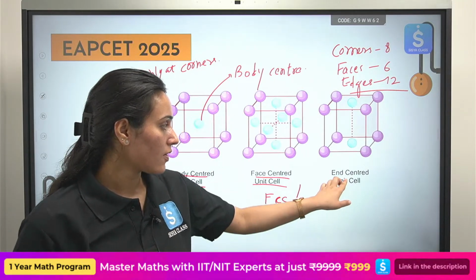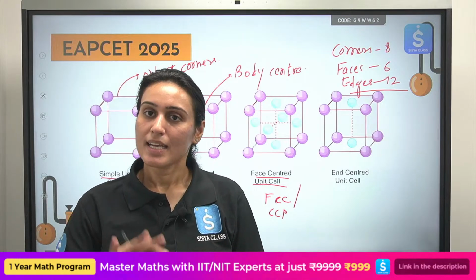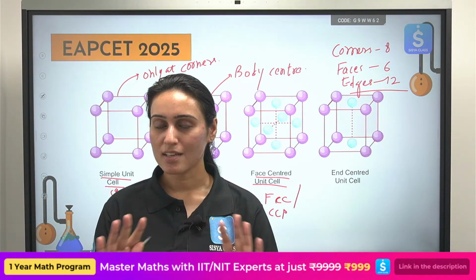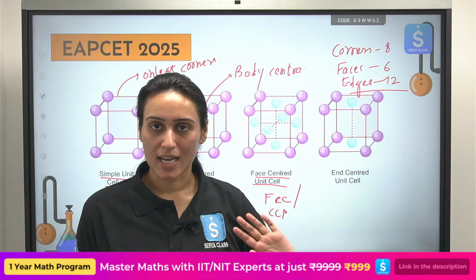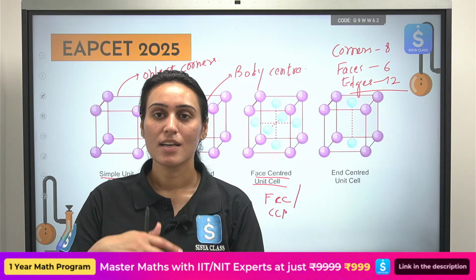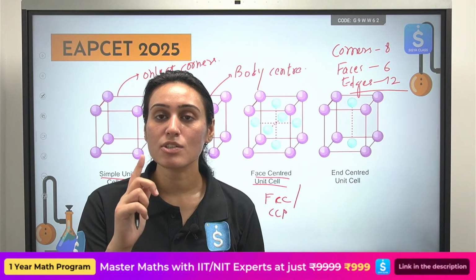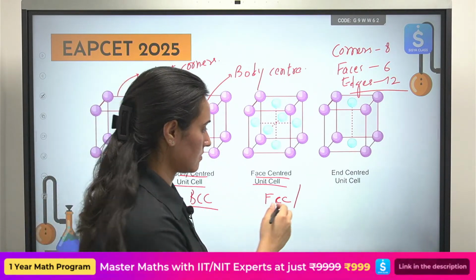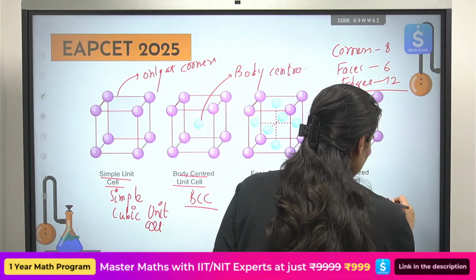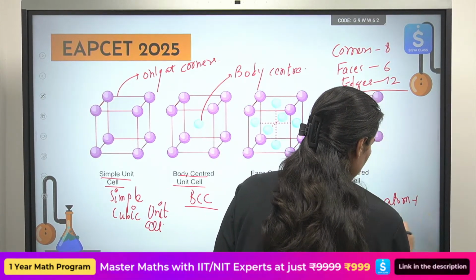Okay. What about end-centered unit cell? In case of end-centered unit cell, you will have 8 atoms at the corner. Okay, great. Each and every unit cell has that. In addition to that, you will have 2 atoms present on the opposite faces. Any 2 opposite faces.